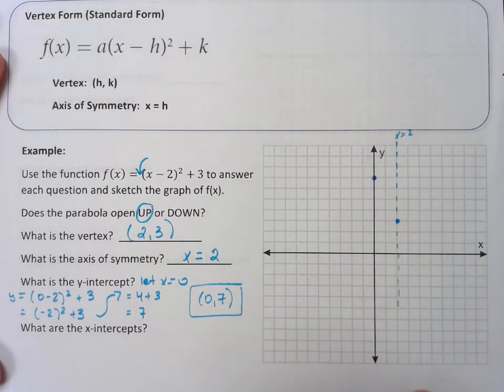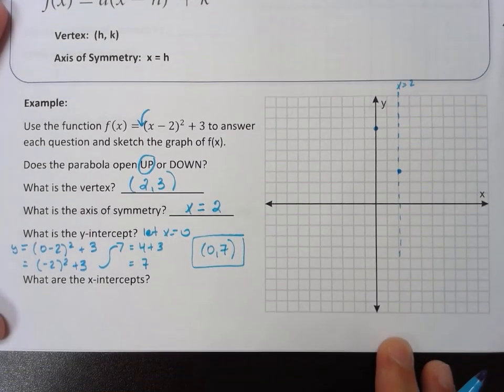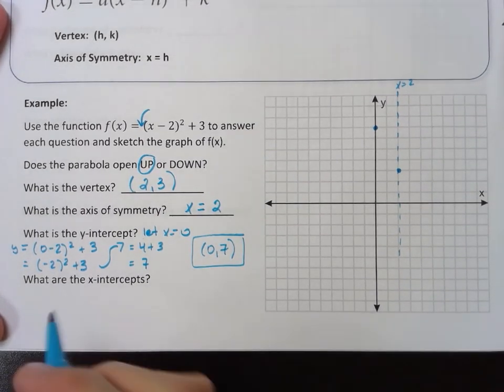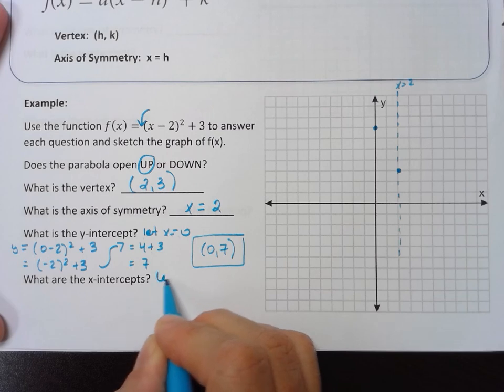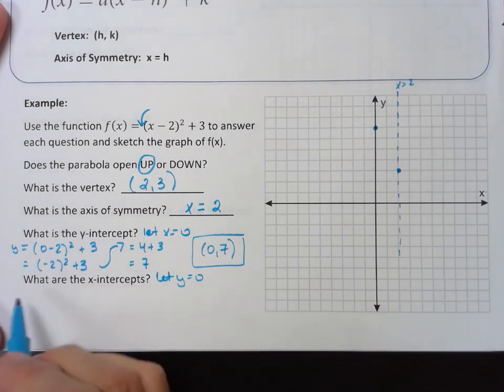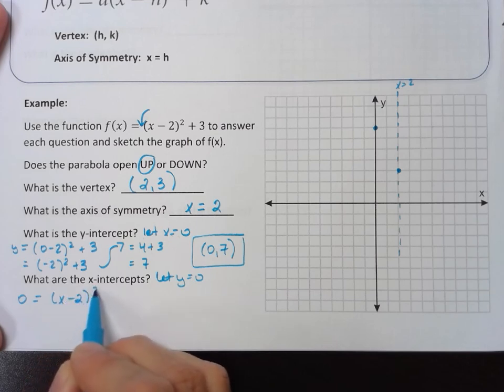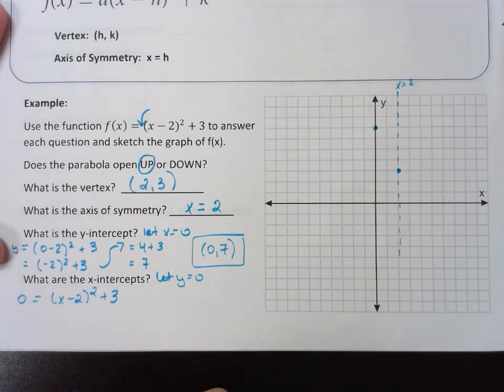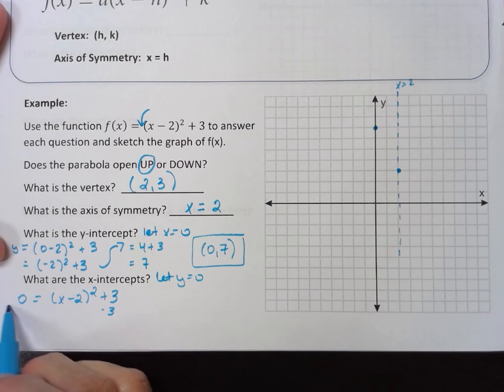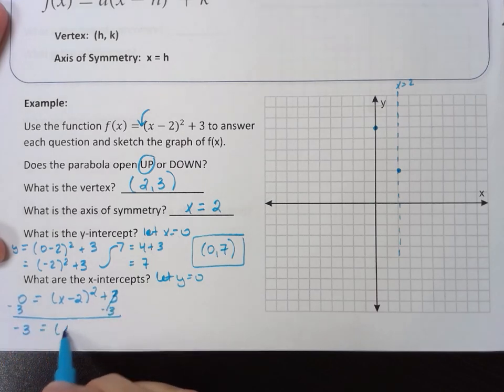Then we're asked to find the x-intercepts. To find the x-intercepts, you let y equal 0. So we have 0 equals (x minus 2) squared plus 3. Let's subtract 3 from both sides. So negative 3 is equal to (x minus 2) all squared.